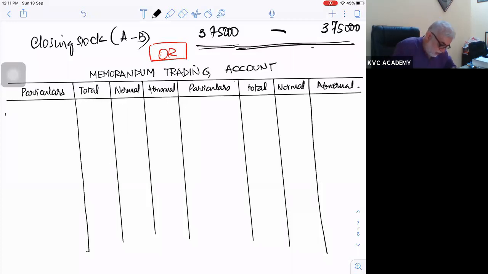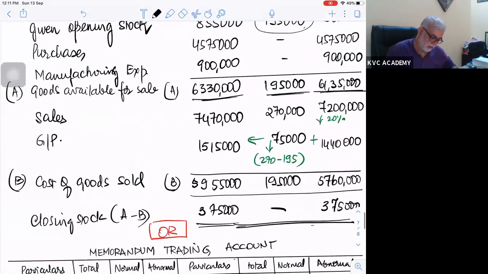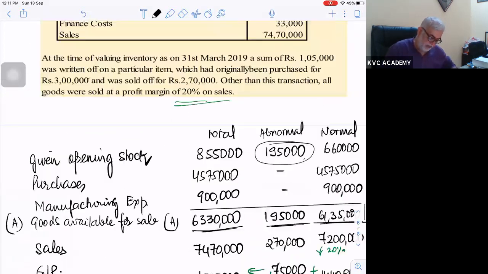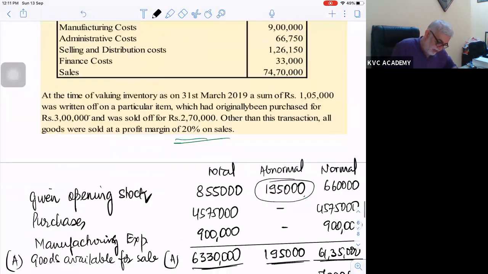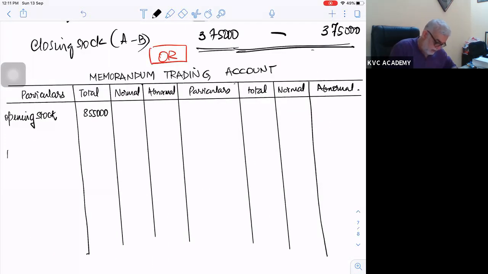Okay, I'll start with opening stock. What is the opening stock given to me? 8,55,000. I'll just put that figure here. We'll discuss this later. Then I have purchases.